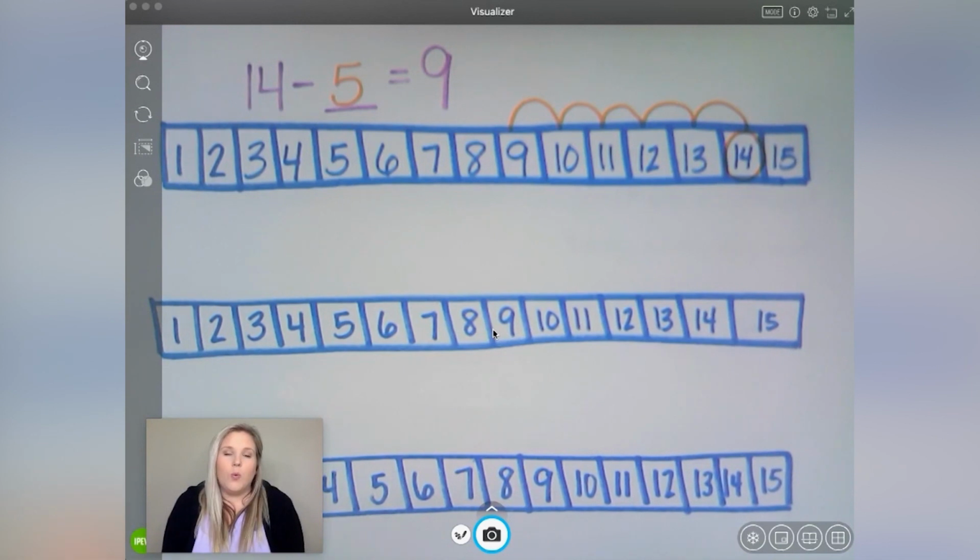Now, we used counting back and subtraction to help us solve the problem. But how could we use addition to help us find the missing number? Right. We can count on from 9 and then stop at 14 to know how many were taken.